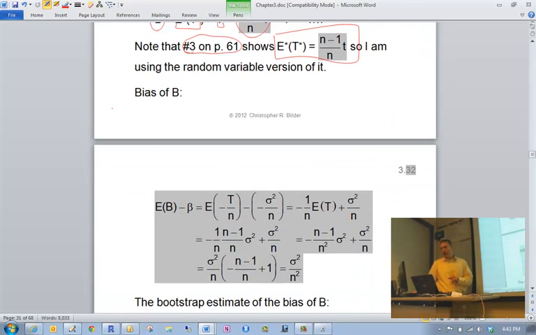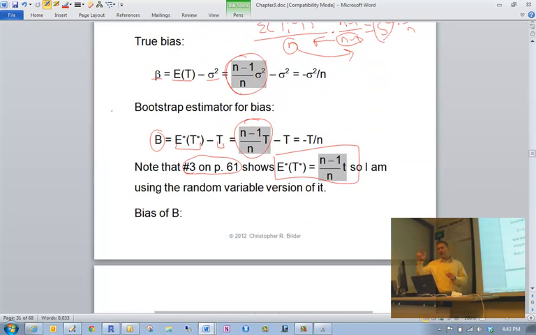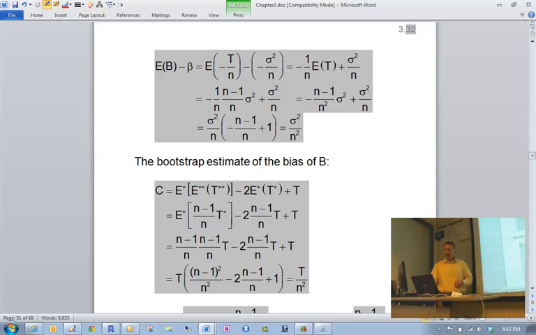Well, what's the bias of b? Because we know that negative T divided by n is not going to be a perfect estimate of negative sigma squared divided by n. It's not going to be a perfect estimate. So what is then the bias of b? I can find that. Expected value of b minus beta.